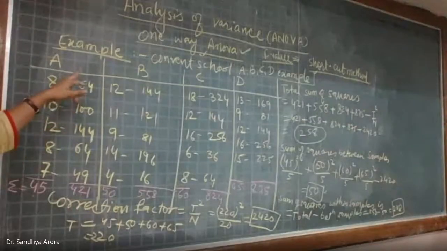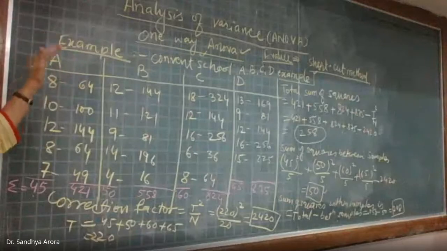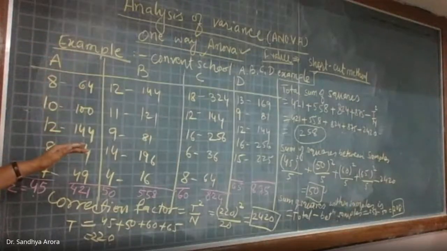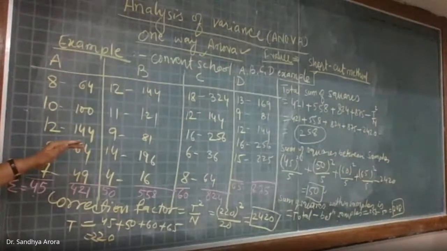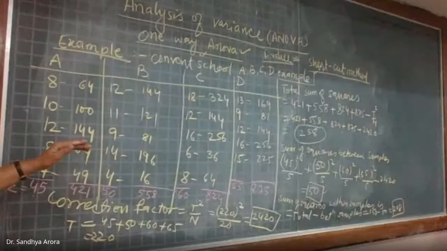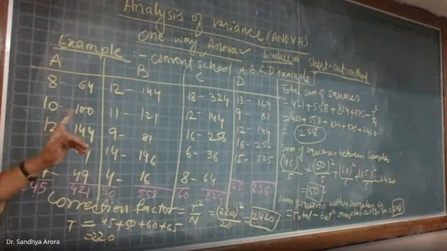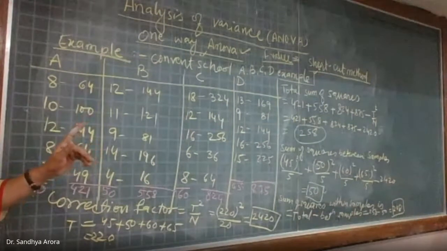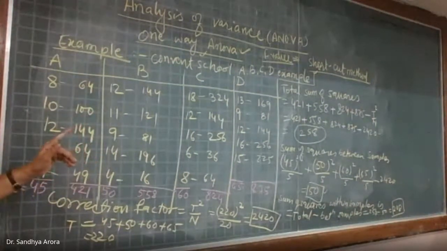Pratiksha, good. And the degree of freedom within samples? 16. Yes, correct. We did it.